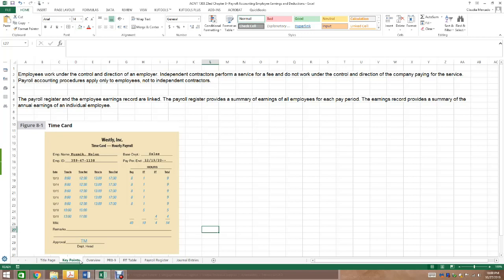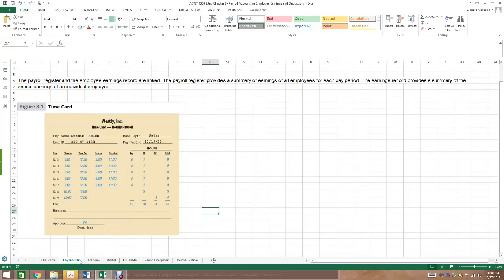Okay, we're gonna have one earnings record per employee. So if you have 50 employees, you're gonna have 50 earnings records, a summary for each employee. The payroll register, on the other hand, is a report that includes all of your 50 employees. So it's a more in-depth report that has or includes all of the employees that work for your organization.